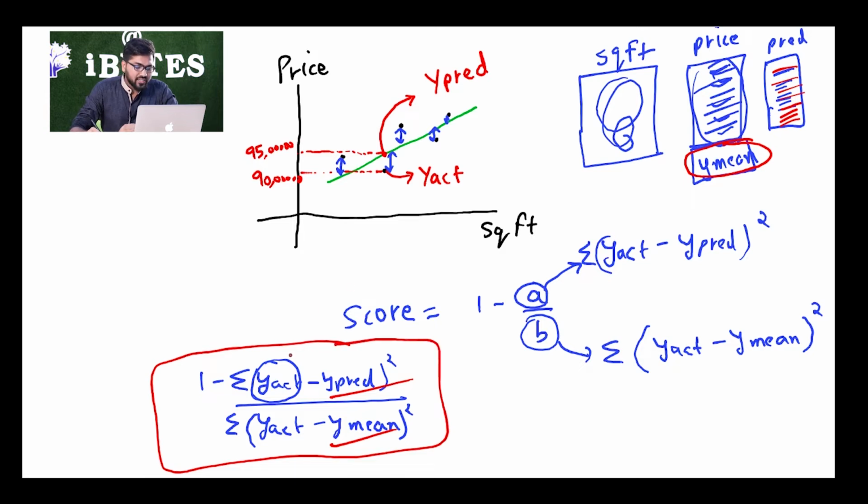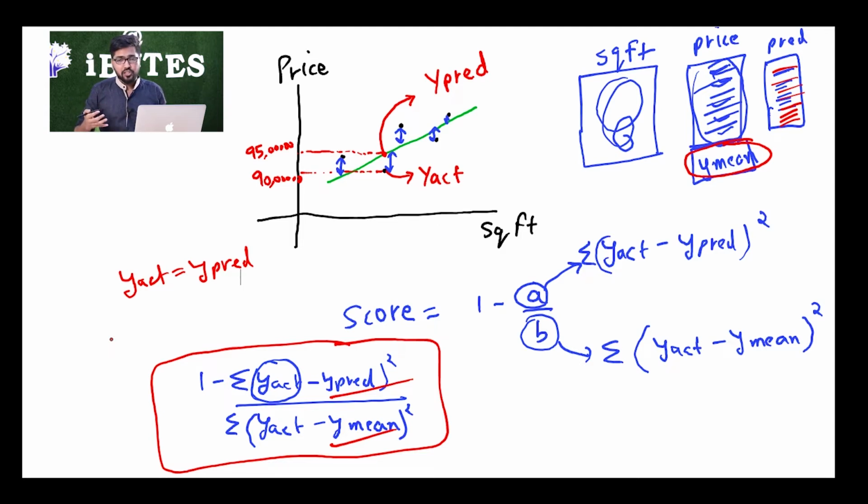Now obviously, as we can see, the score can maximum be 1. When are we going to get the maximum value of score? When our y actual will be equal to y predicted for all of the points. This is very obvious, right? What is the best possible scenario for us? The best possible scenario is that our machine learning model is able to predict everything equal to its actual values.